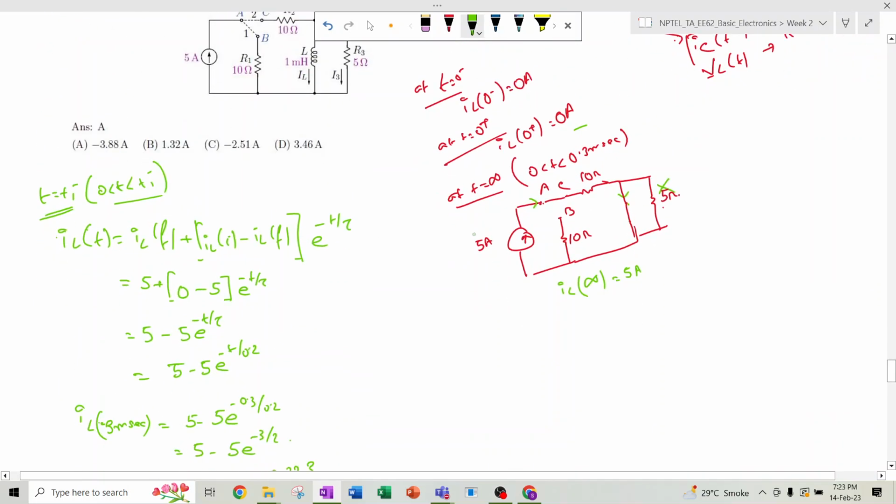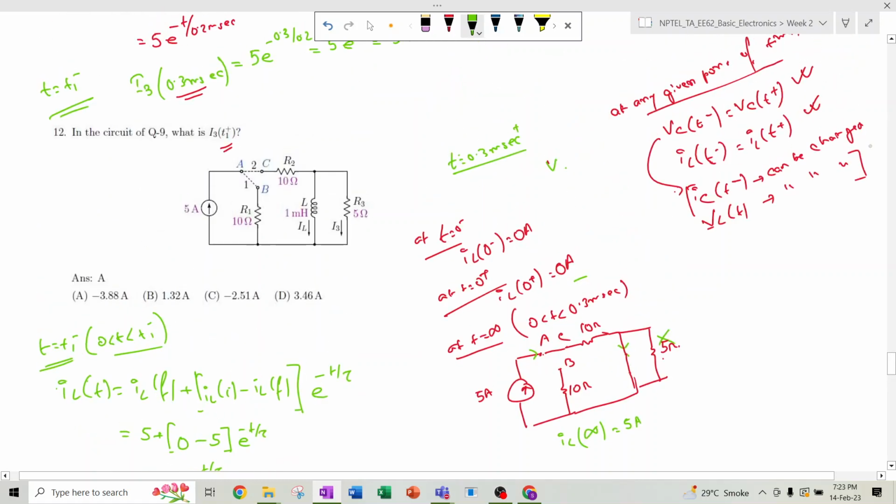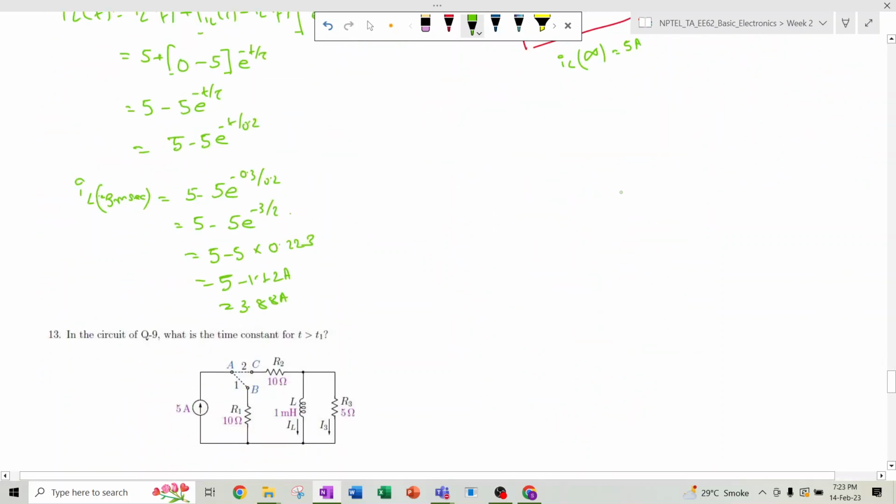As I have already discussed, the value of the IL, the current flowing through the inductor, will not change abruptly. So at time t equal to t1 plus, this IL t1 plus should be equal to IL t1 minus.